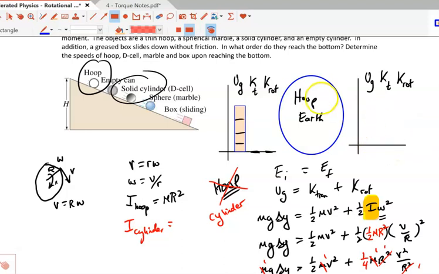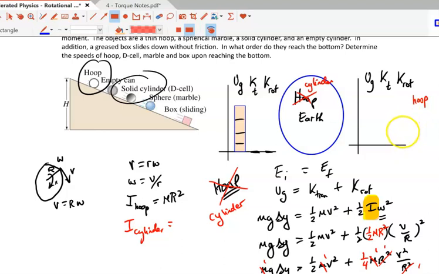But the hoop, let's say, puts a lot more of its energy into the rotational, and therefore has less translational energy. So let's say there are 3 bars here and 1. That would be the hoop situation. But if you were to replace this with the cylinder, the cylinder would be a little bit different. This is a solid cylinder, so its rotational inertia is smaller, so it's easier to rotate.